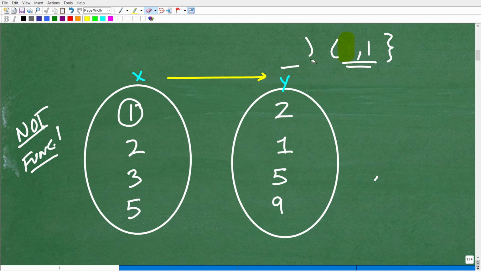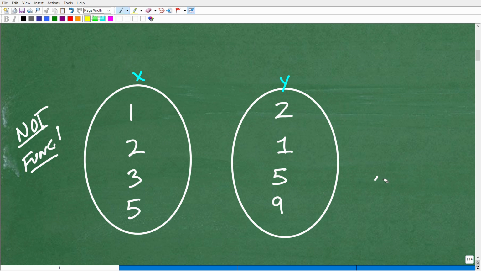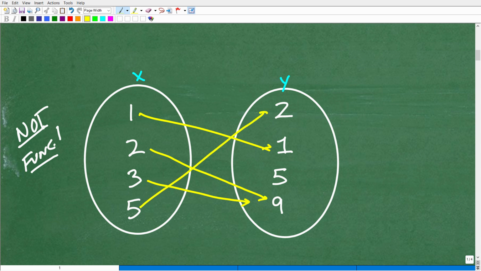And let's say you had a mapping diagram like so. We're just going to make something up here. Let's say we have 1 maps to 1 and 2 maps to 2. Now let's do something a little bit different. 2 maps to 9, and then we have 3 maps to 9 and then 5 maps to 2.